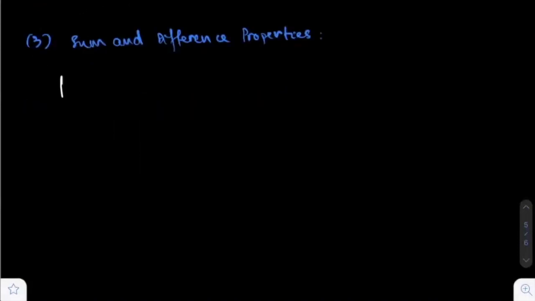The next property is the sum and difference property. So number 3, sum and difference properties. If you have the integral from a to b of f of x plus g of x dx, right? So the integral of the sum is the sum of the integrals.